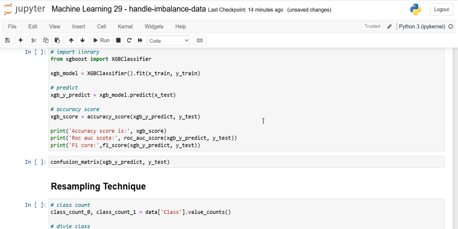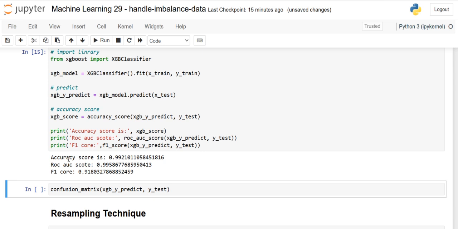We are fitting it on the training data of x and y, where x is the main features and y is the target. Here we are predicting with the x test data and observing the accuracy. This accuracy score, ROC, F1 score, everything we are going to discuss tomorrow, in the next session.